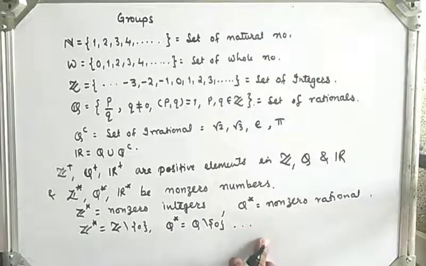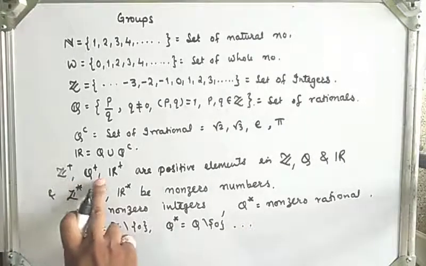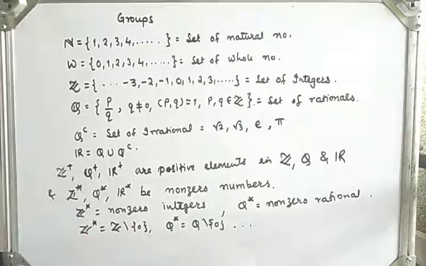Z plus, Q plus, R plus are the positive elements in Z, Q and R. So these are some sets.